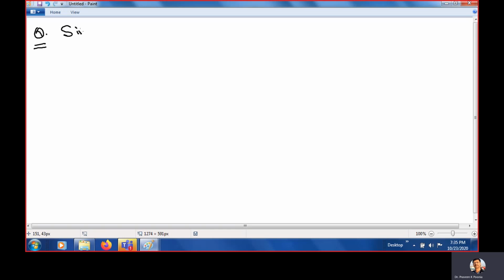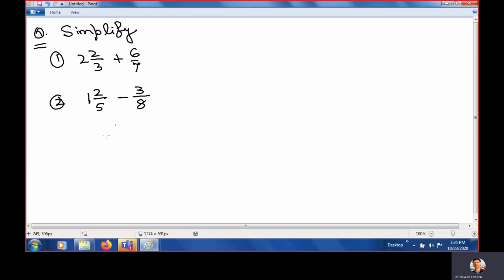So this is simplify. Example number 1, 2 upon 3 plus 6 upon 7. What is another possibility? 2 by 5 minus 3 upon 8.